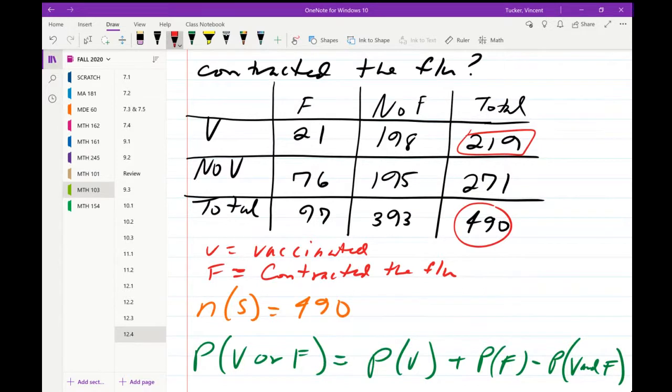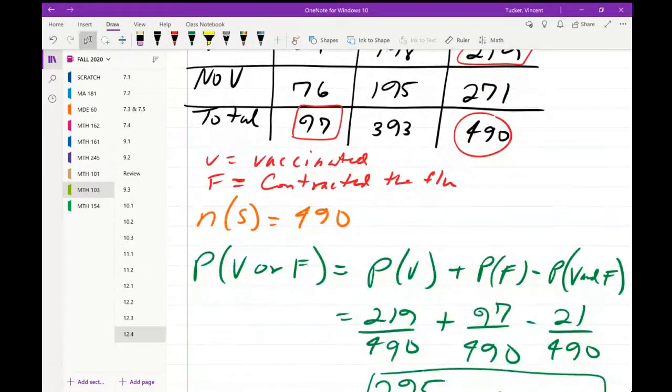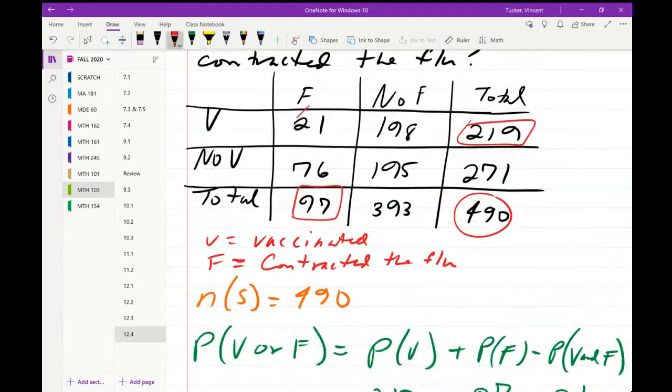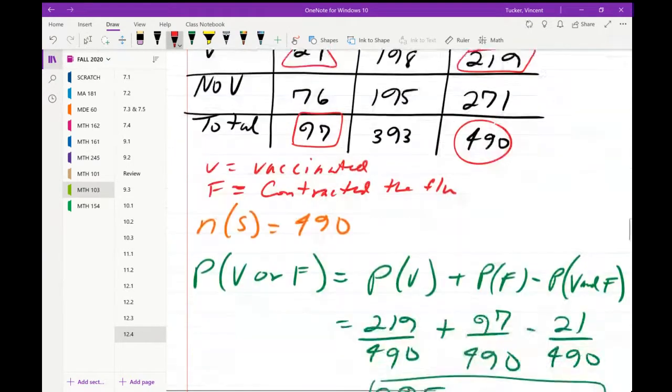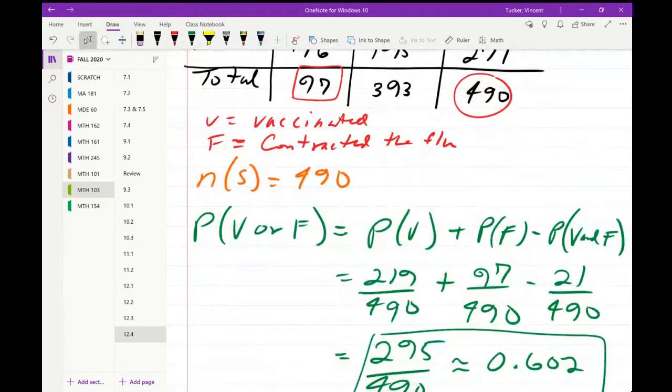That's the total number of people that were vaccinated. The contraction of flu is 97, the total number of people that contracted the flu. And then what they have in common is this 21. And so that's how I set up my formula: 219 over 490 plus 97 over 490 minus 21 over 490.